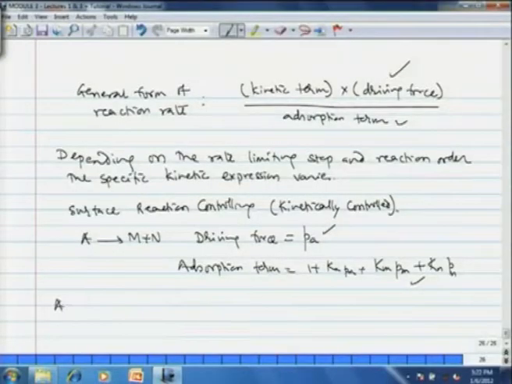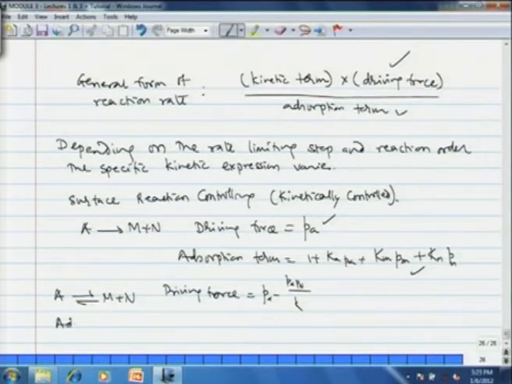Now, if the same reaction is reversible, represented as A going reversibly to M plus N, then the driving force is p_A minus p_M into p_N divided by K, where K is a constant, and the adsorption term is 1 plus K_A p_A plus K_M p_M plus K_N p_N.